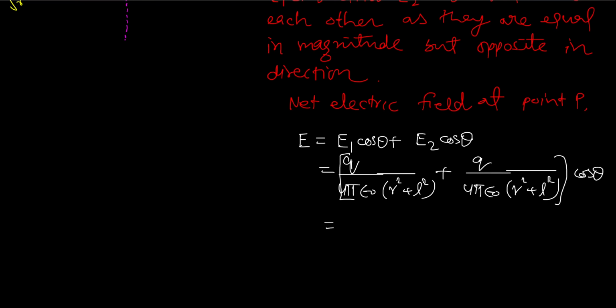And you can write this as 2 times either value, so it is twice the first term, 1 upon 4 pi epsilon naught into 2q divided by r square plus l square, into cos theta.